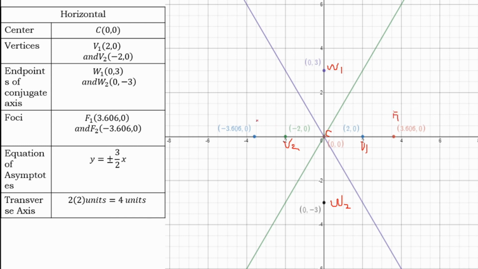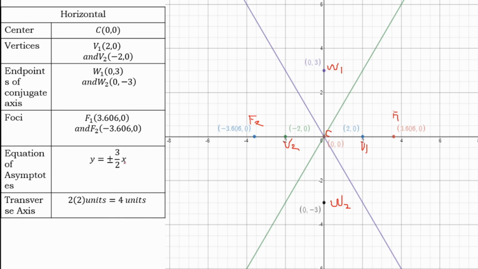This is our F sub 2. If we notice the relationship of the points, the focus, vertex, and the center are collinear with one another. So this will also serve as our guide on whether what we did is right or wrong. The focus, vertex, and center should be collinear. The same is true with the endpoints of the conjugate axis, they should also be collinear with the center.